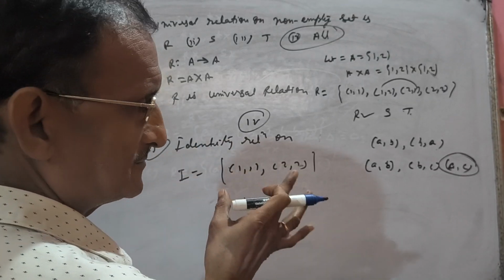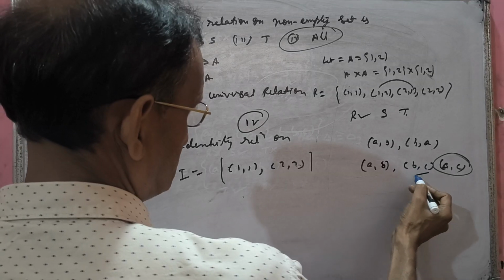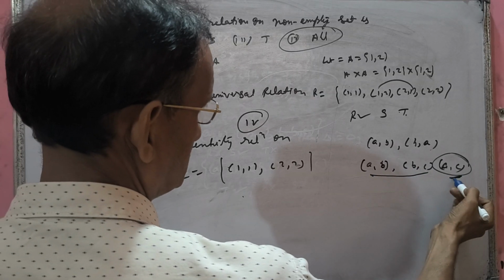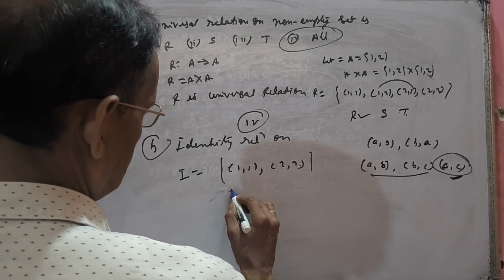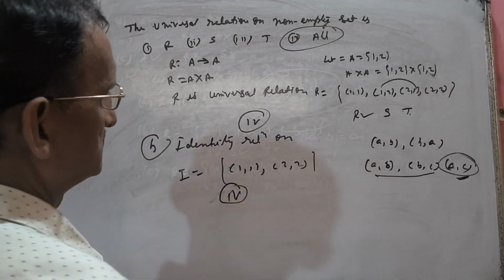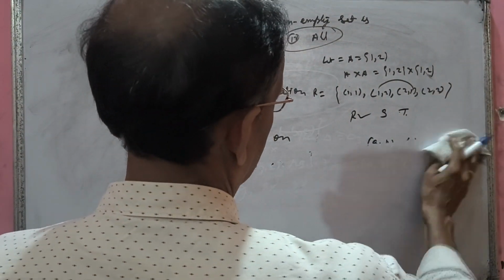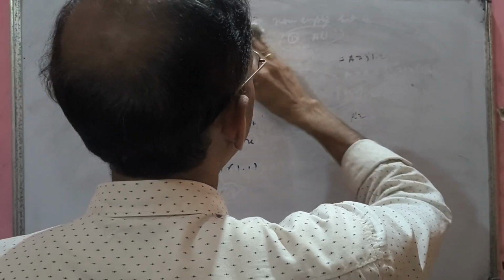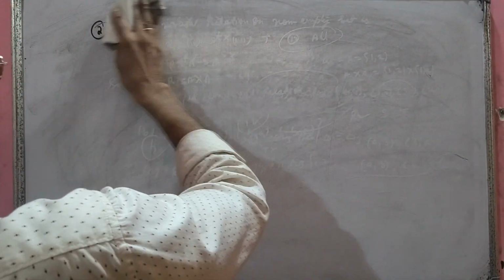It is all: reflexive, symmetric, and transitive. Okay. We need to practice it. This comes in pure mathematics.